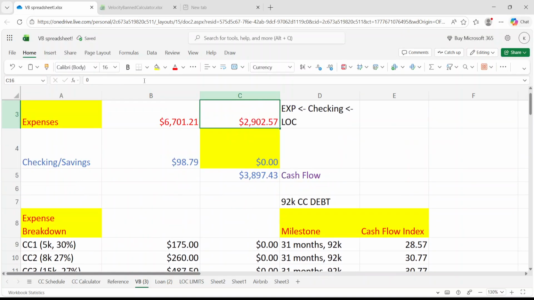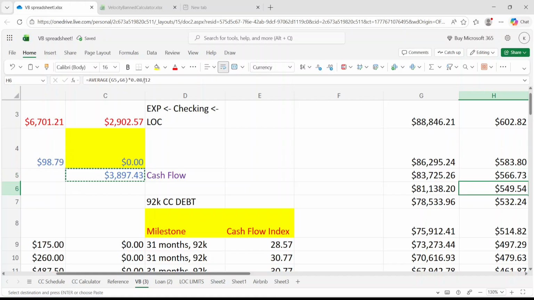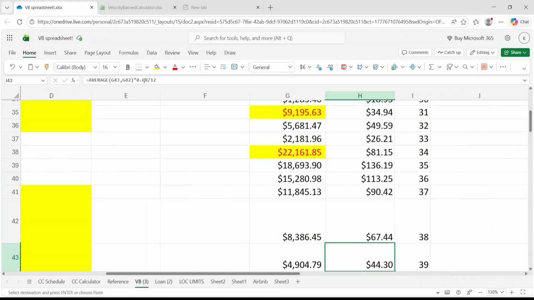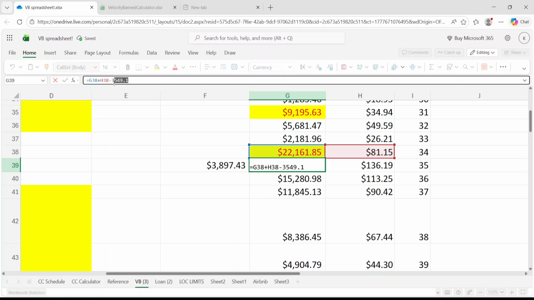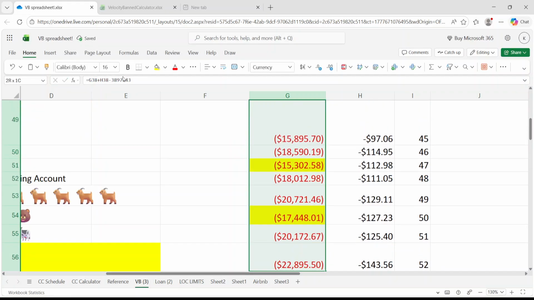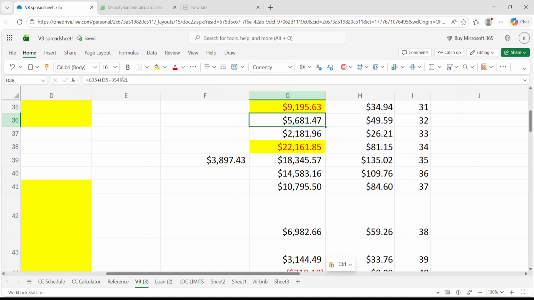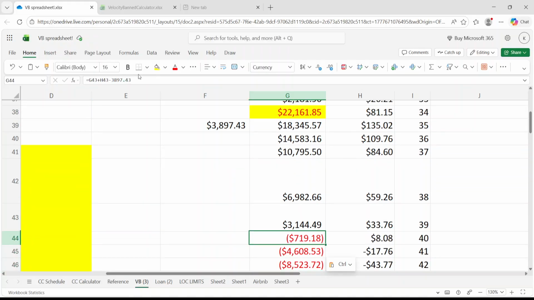So we get an extra $348 in our cash flow. Look, our cash flow is almost 4 grand. So let me just go ahead and do this. All right, so that'll be 3897.43. All right, so now, okay, this is 40 months till that student loan is paid off.